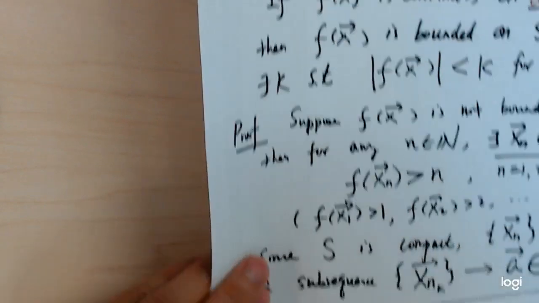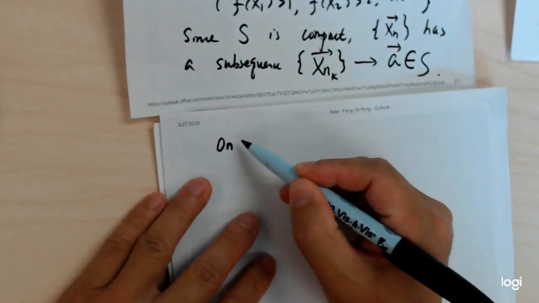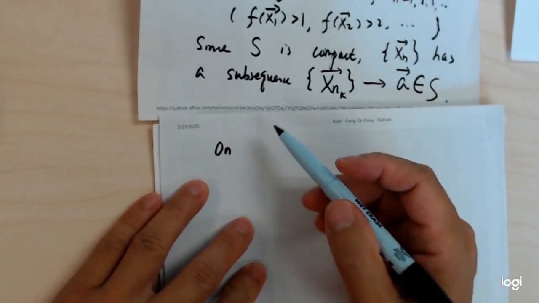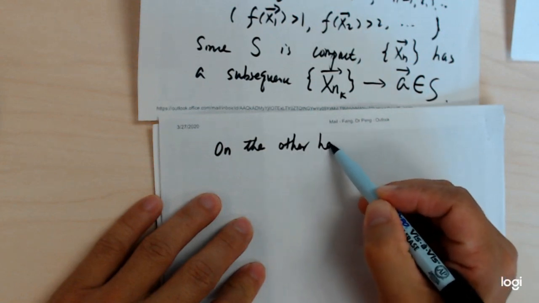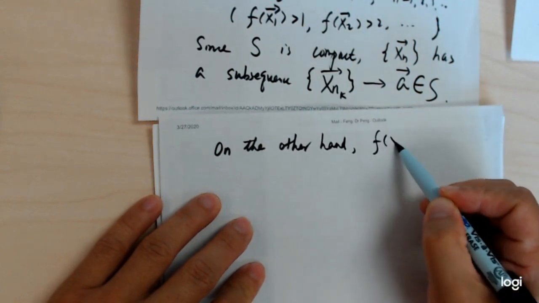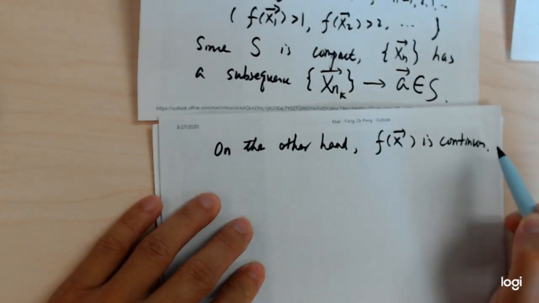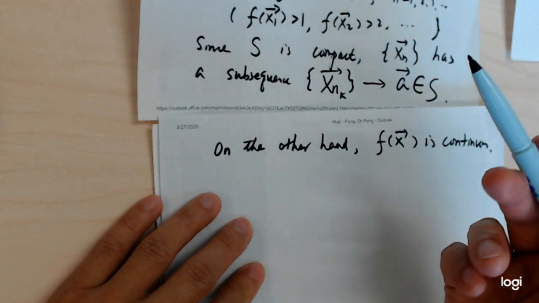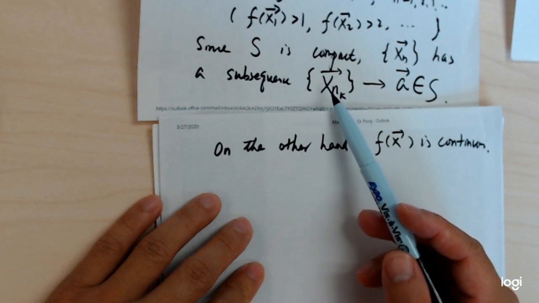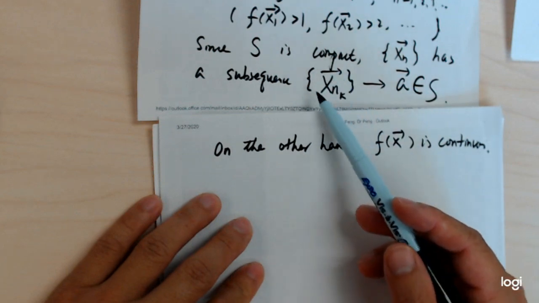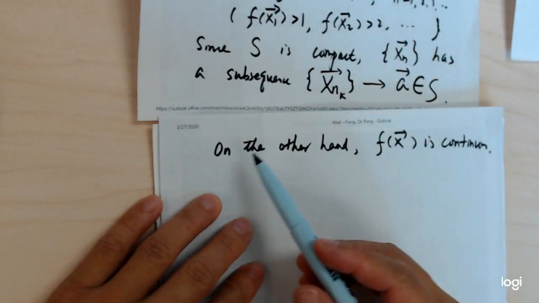So now let's think about what that implies. Here's where continuity comes into play. f of x is continuous. So remember one of the results we talked about a little while ago? For any continuous function, for any sequence that converges to a point, the function's value along that sequence has to converge to f of a.